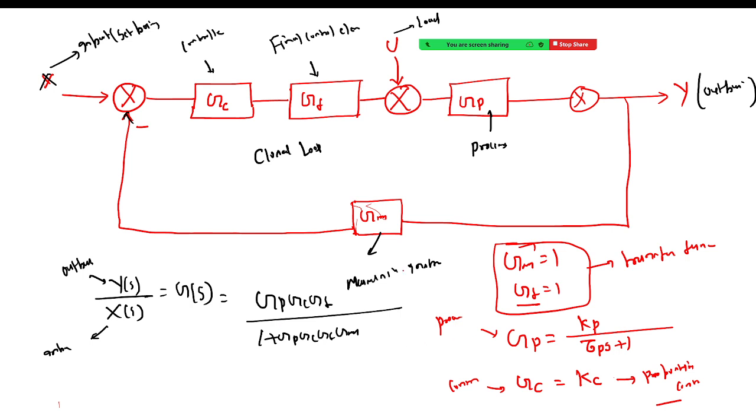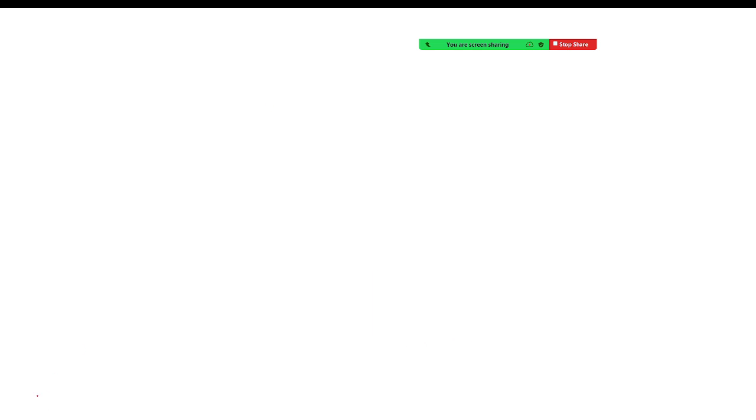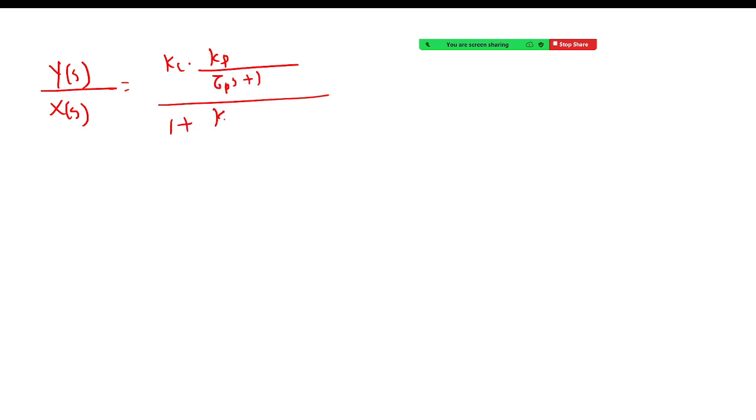So now I'll be substituting all these values over here. Now I can write Y(s) divided by X(s) equals GP GC, that is Kc into Kp upon tau P s plus 1, divided by 1 plus Kc into Kp upon tau P s plus 1.